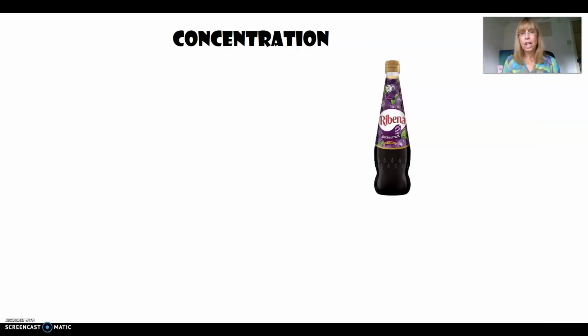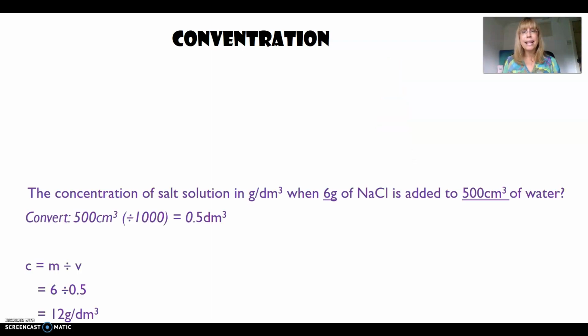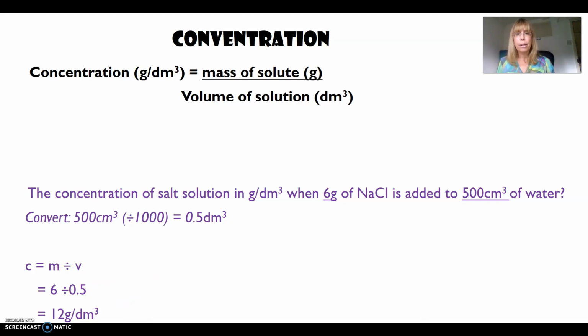Okay. Concentration. If I'm making Ribena, I can have a dilute or concentrated. And yeah, I have a bit of a typo. I apologize for this. So question here, the concentration of a salt solution in gram per decimeter cubed. This is the formula I'm going to use. If they ask about it in grams, I use the mass of the solute divided by the volume of the solution.